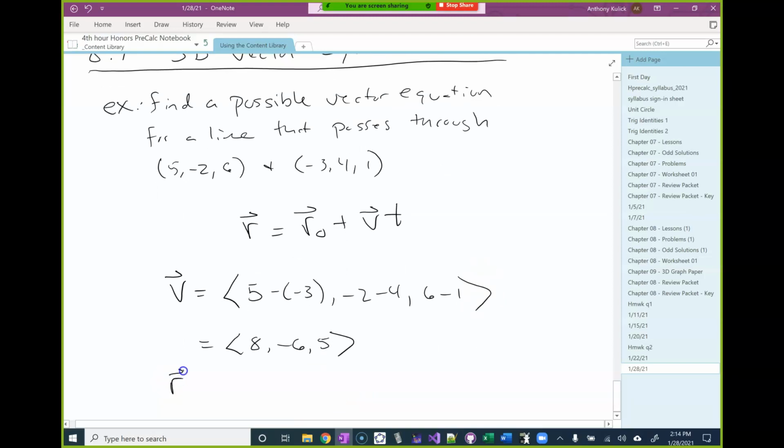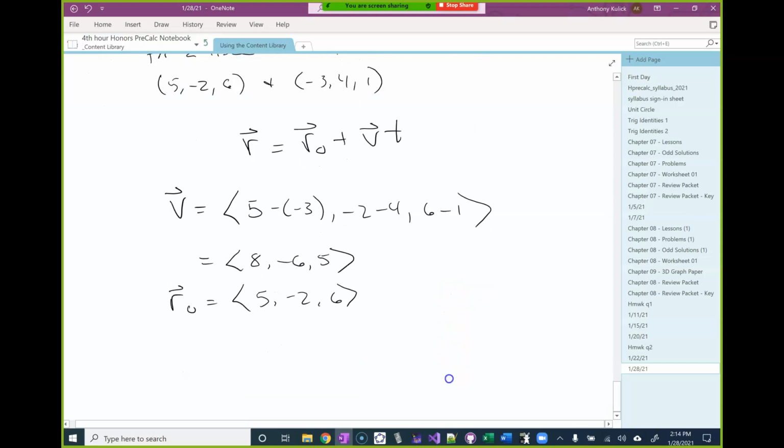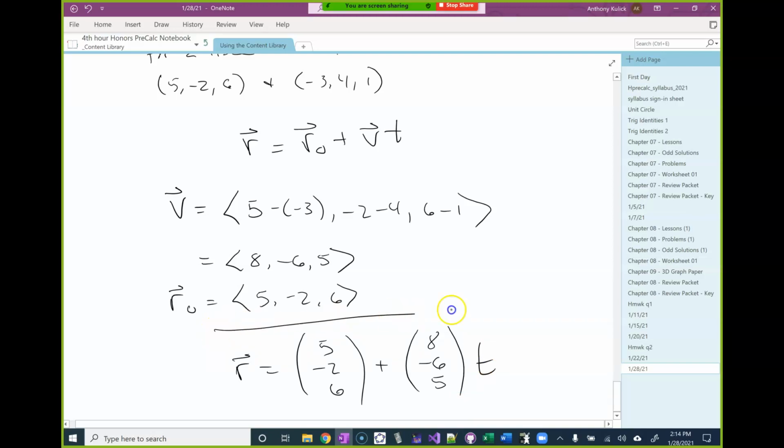And then for my R0, it doesn't matter which one of those I pick. For the sake of argument, I'm just going to pick the first one. And then typically we write these in component form, or I'm sorry, ijk component form.